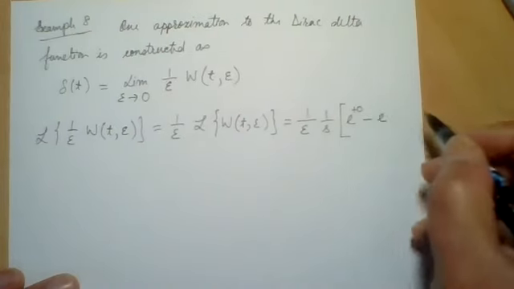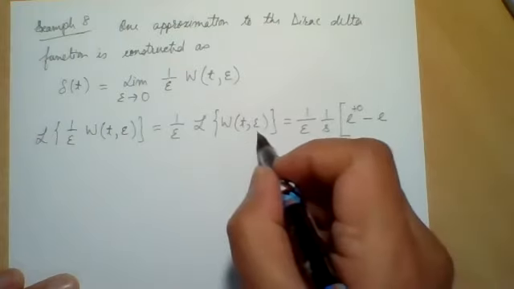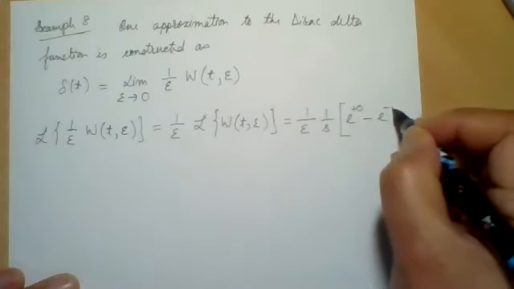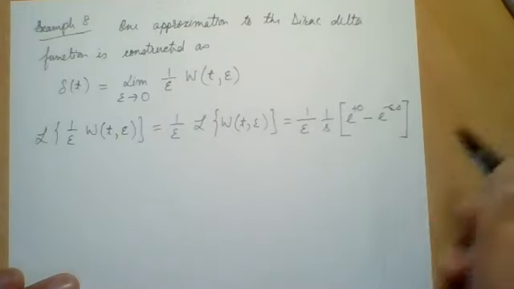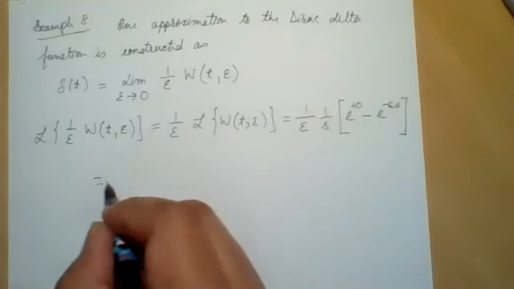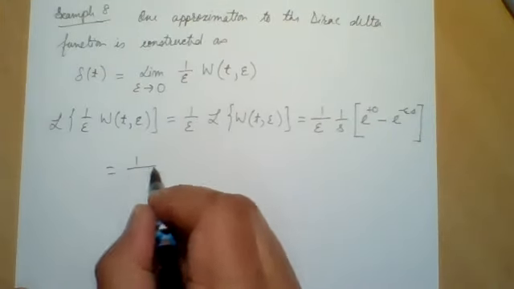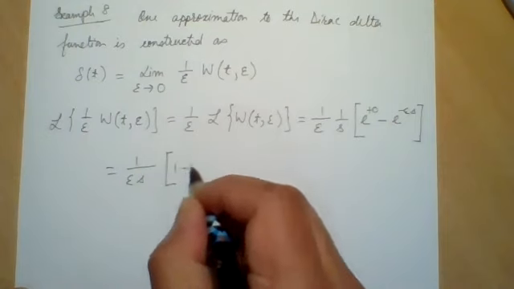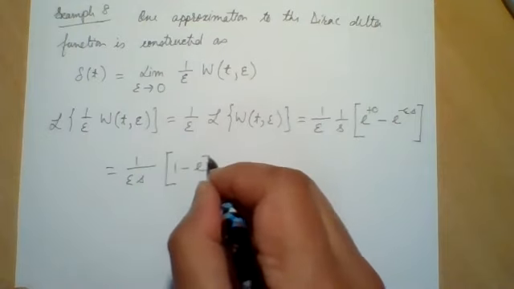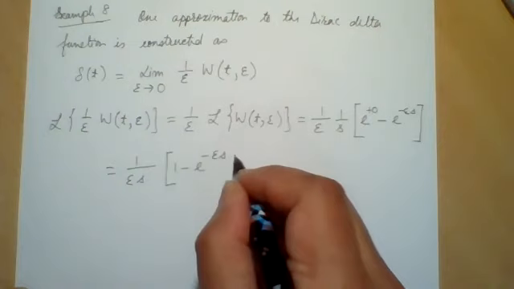Minus e to the power minus bs, and here b is epsilon, so e to the power minus epsilon s. This simplifies to 1 by epsilon s times 1 minus e to the power minus epsilon s.